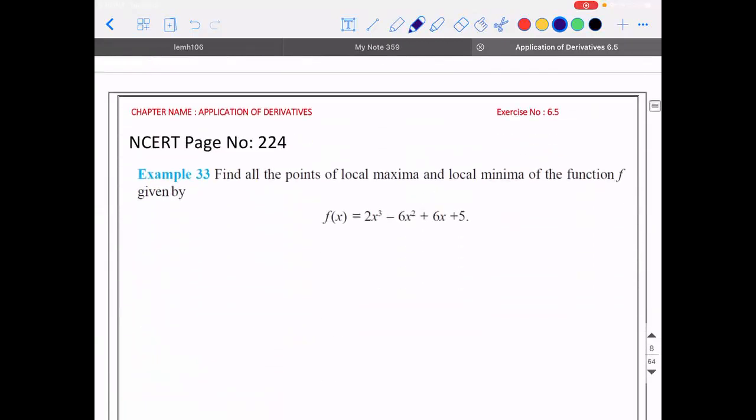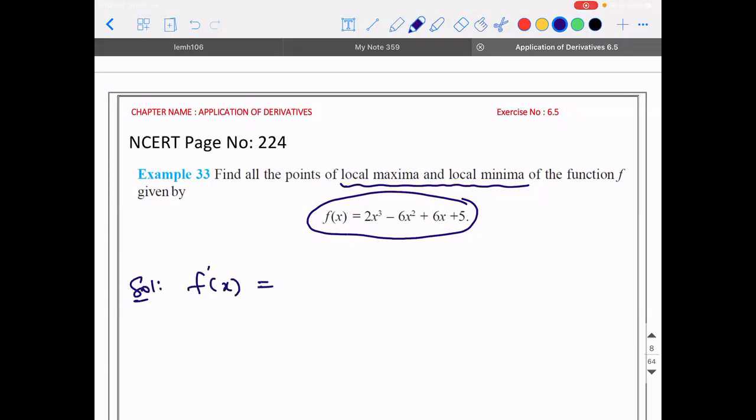Okay. Find all the points of local maxima and local minima of the function f given by f of x is equal to 2x cube minus 6x square plus 6x plus 5. f dash of x is equal to 6x square minus 12x plus 6.